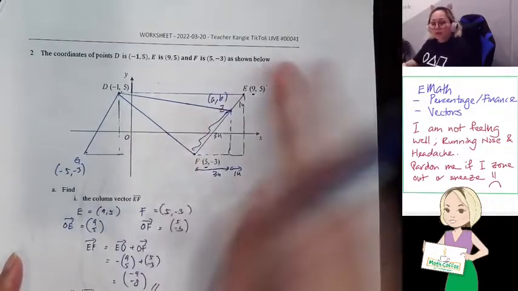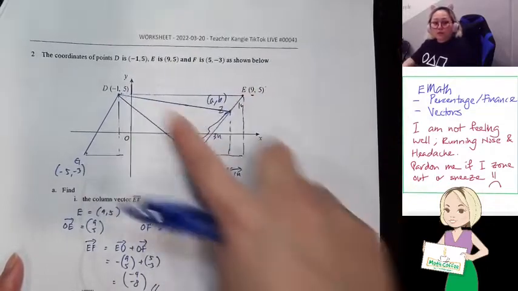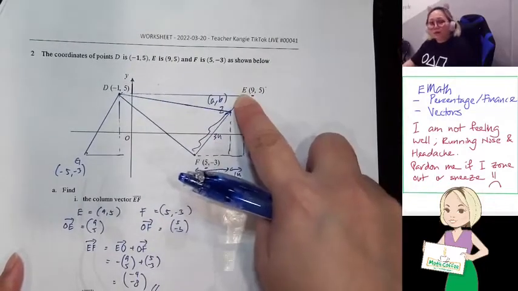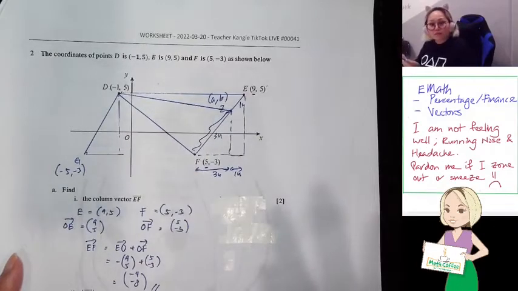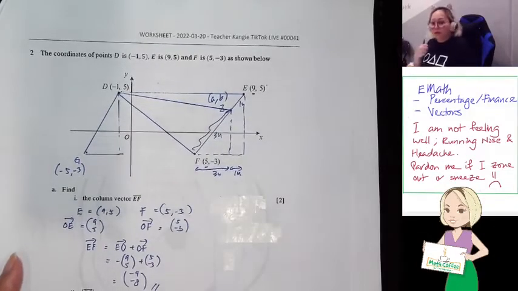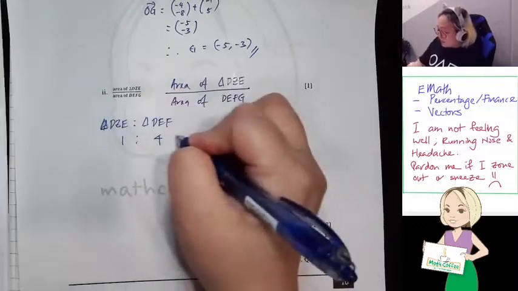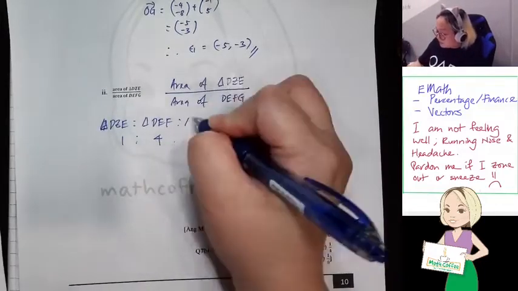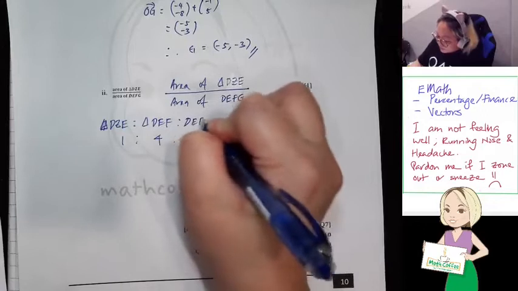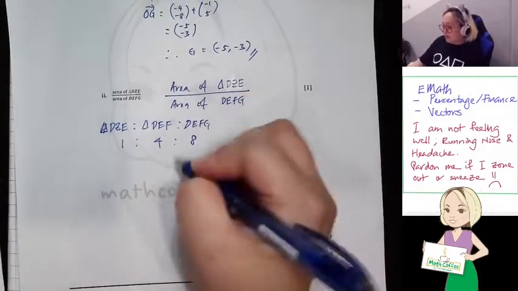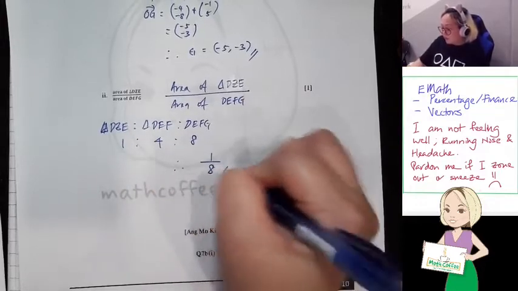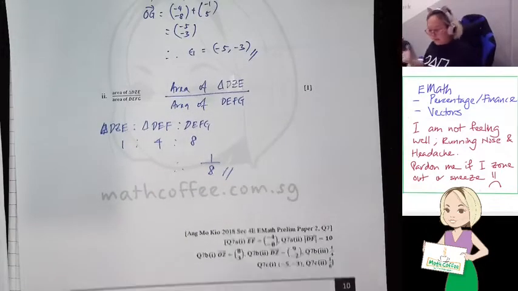Agree or not? So if this whole thing is 4, I just need to say 4 units times 2. That means the whole parallelogram is 8 units. But of course, they only want this part. So therefore, the answer is just 1 out of 8. Very simple. Understand?